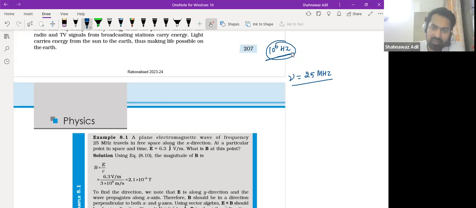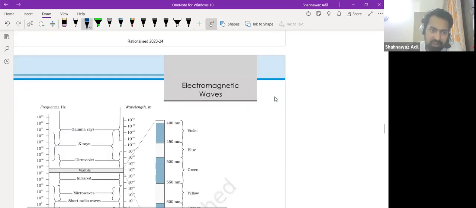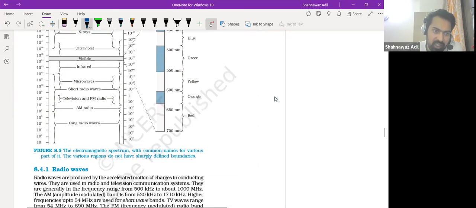Can you identify, Aisha? What kind of electromagnetic wave is this? So just see the example, right? This is a highly oscillating wave. So just see it from here. So 10 to the power 6, right? So that is a radio wave.